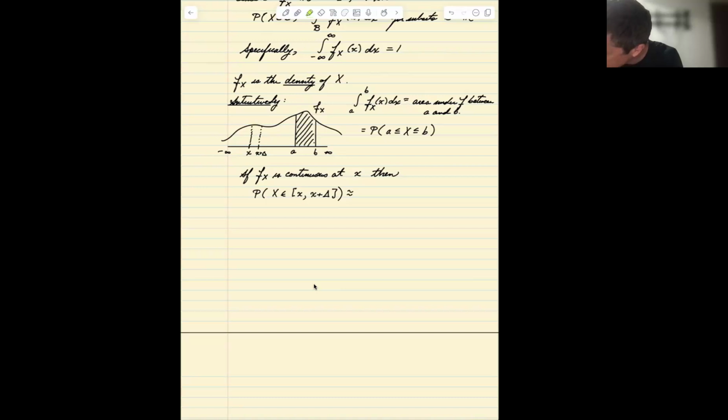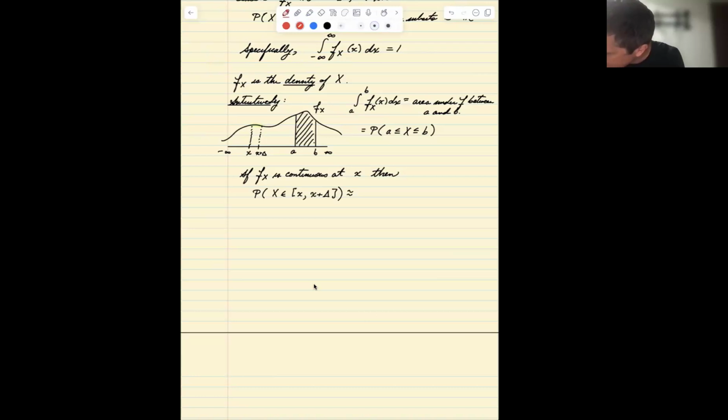This curve here is pretty flat, right? And if you make delta really, really small, because of continuity the function can't go too far off in a small window. So this is kind of like a rectangle.